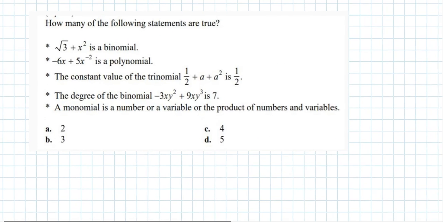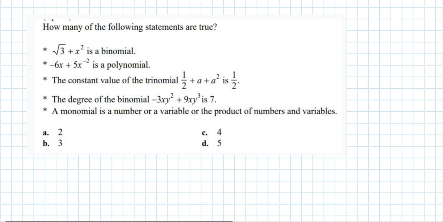Here, how many of the following statements are true? Root 3 plus x squared is a binomial. Could be. Roots are okay if they're not containing the variable. What else do we have? Negative 6x plus 5x to the negative 2.